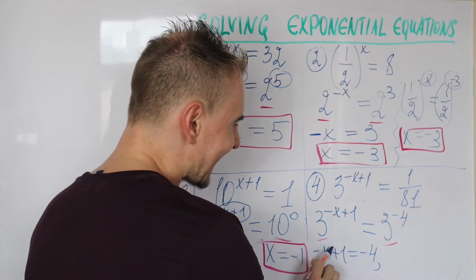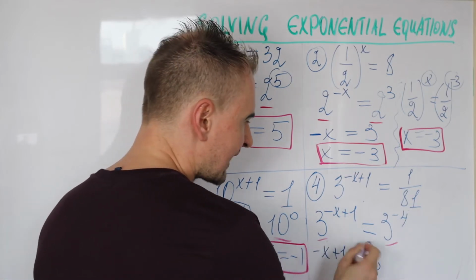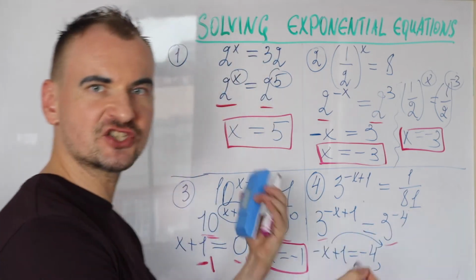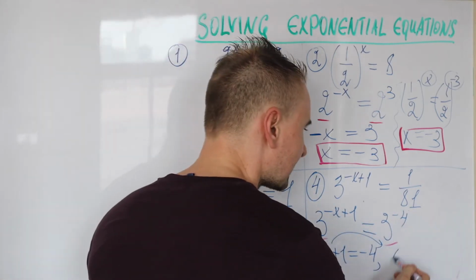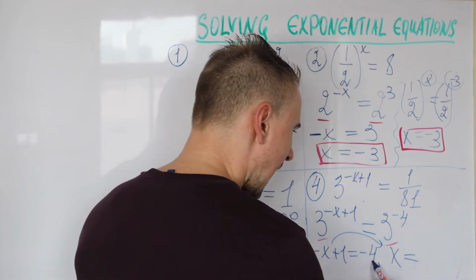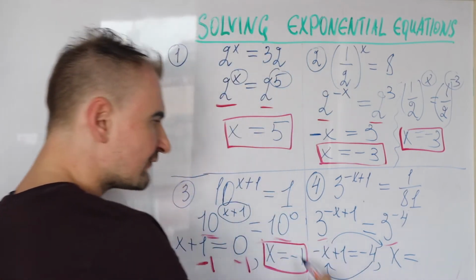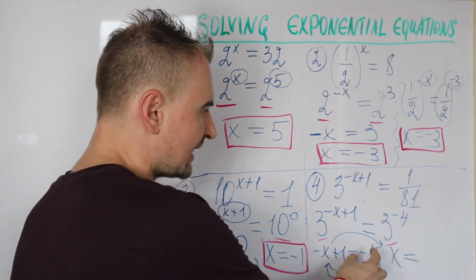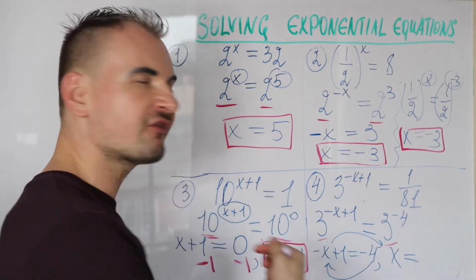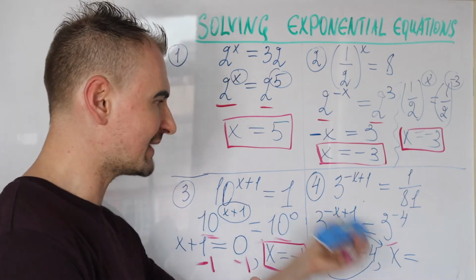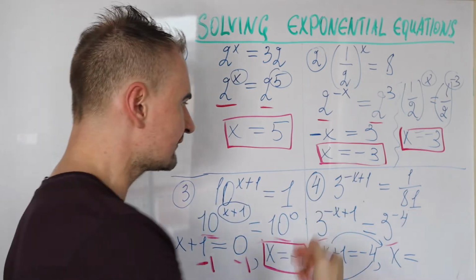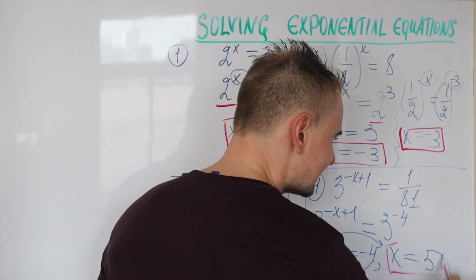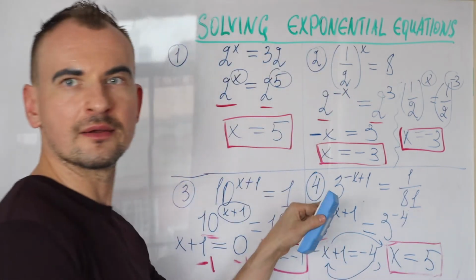I would move -x to the right side by flipping the sign, and write it in reverse order, and move -4 to the left side. You need to swap the sign in front. So it becomes 4 plus 1, 5. This is my root, this is the solution for that one.